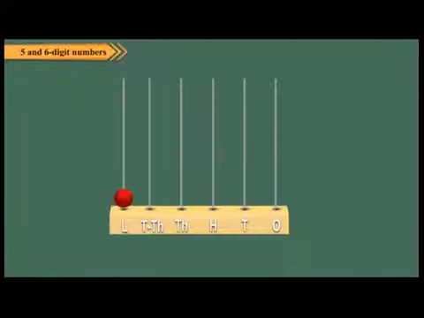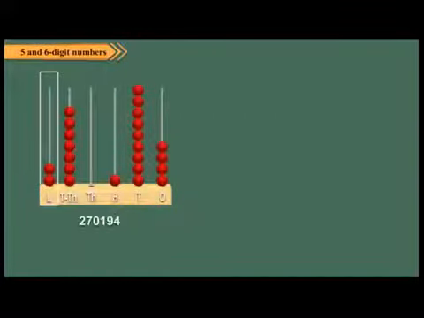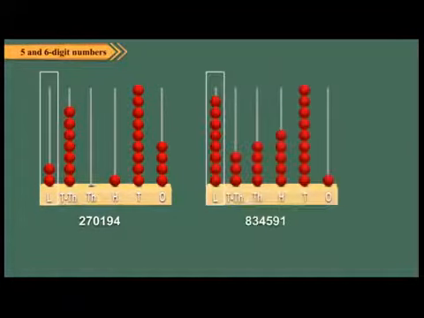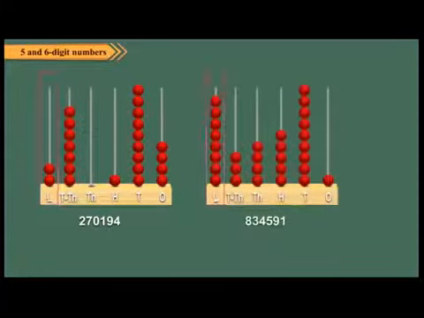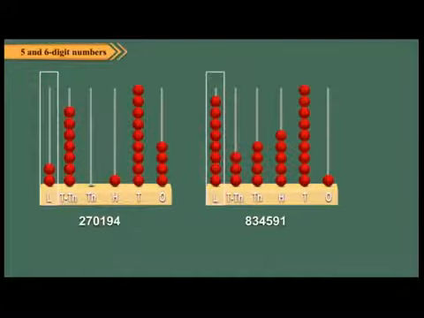6-digit numbers can also be represented on the abacus. Here, the leftmost spike represents the lakhs place. 2,70,194 and 8,34,591 have been shown on the abacus.